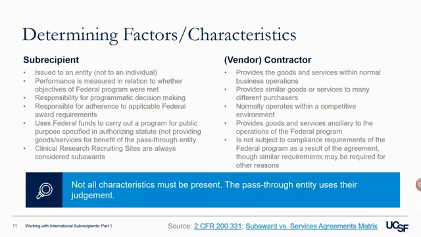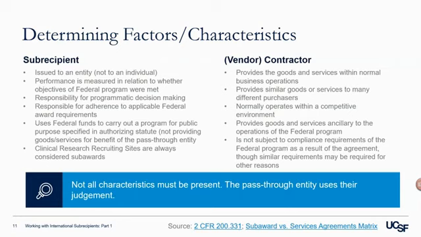So again, a subaward carries out a portion of a federal award and carries federal assistance. It creates a federal assistance relationship with the subrecipient. Again, it creates a federal assistance relationship.